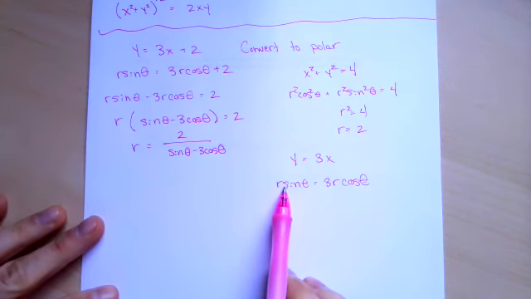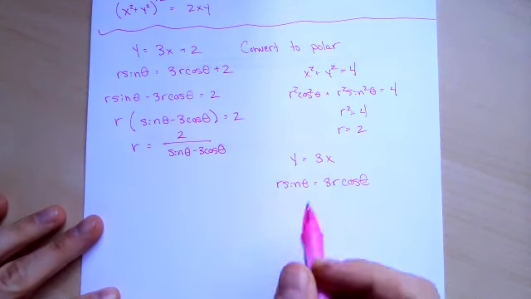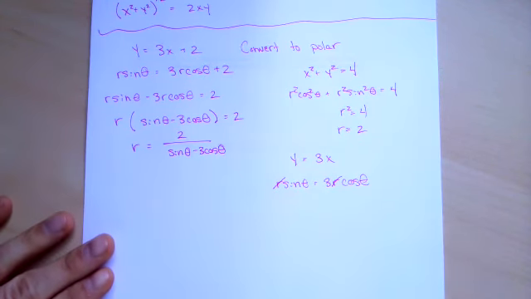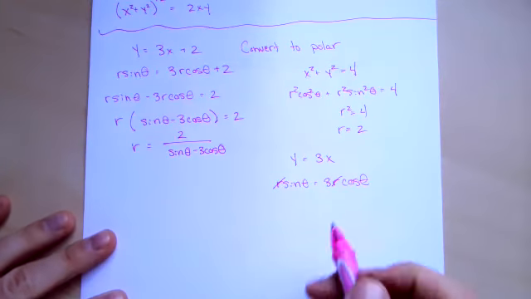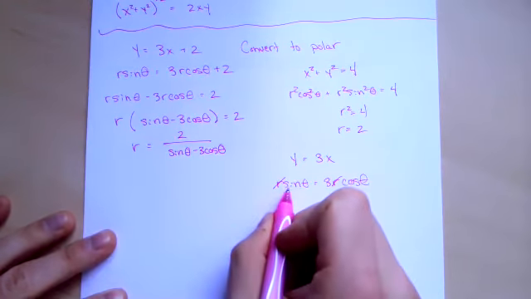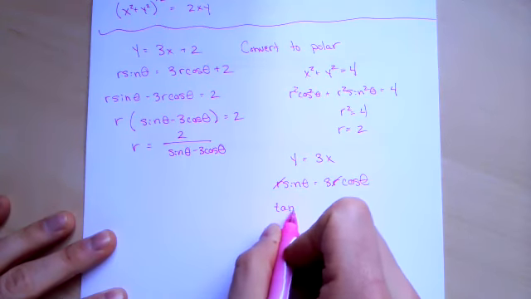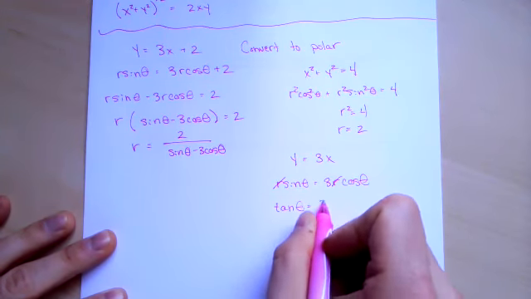If r is non-zero, we, in some sense, want to think I can just divide out the r's in that case. And then we divide by our cosine. We'll get sine over cosine, so tangent of theta equals 3.